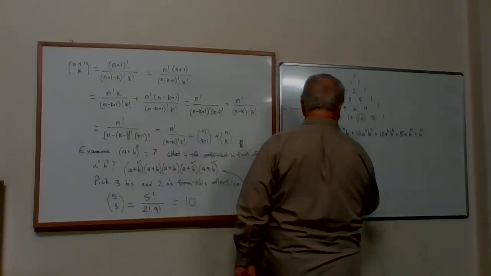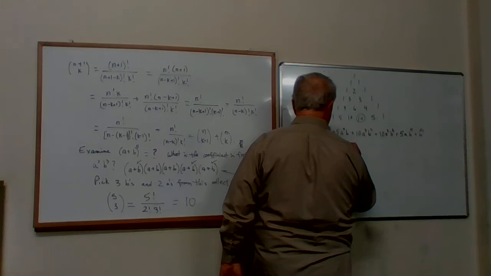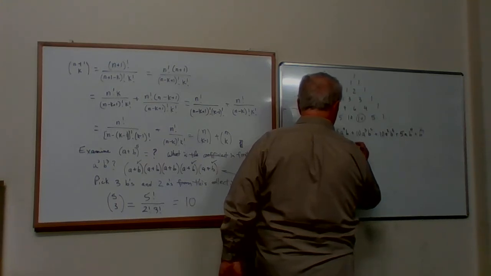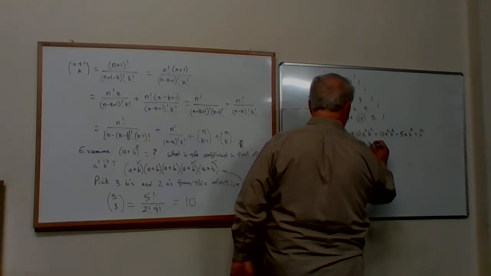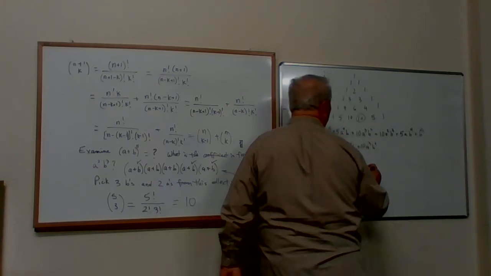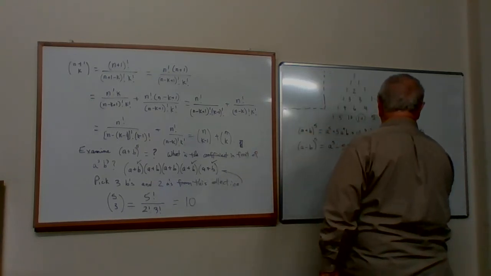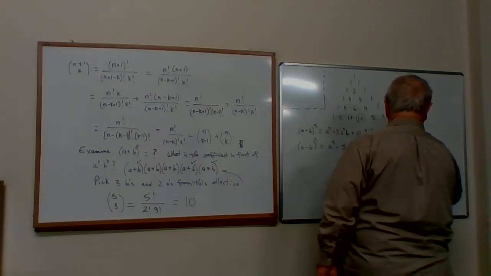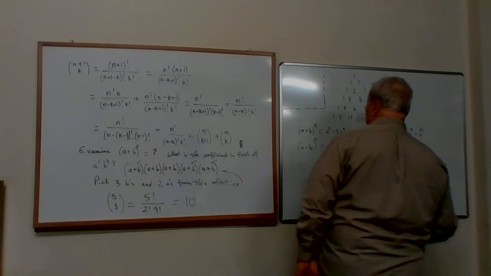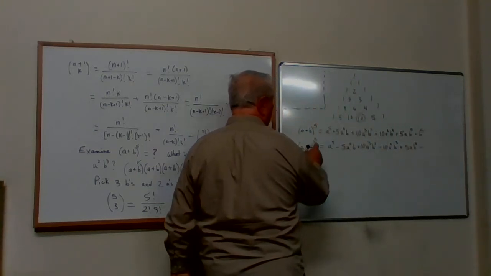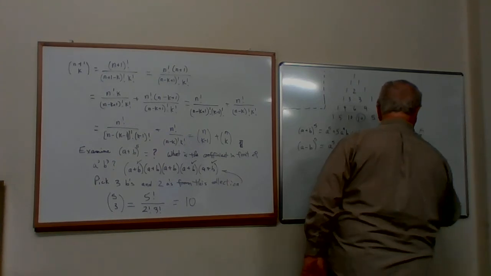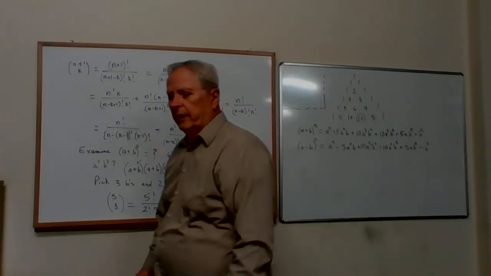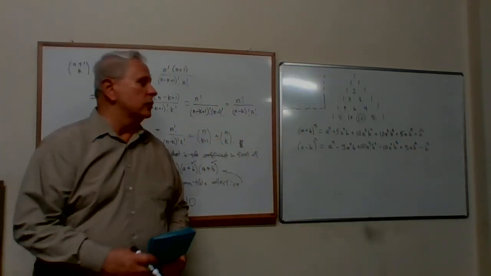So this is going to be a to the 5th minus 5 a to the 4th b plus 10 a cubed b squared minus 10 a squared b cubed plus 5a b to the 4th. And then you can tell that minus b to an odd power is going to be negative, so minus b to the 5th. And so you can do it whether it's plus or minus.